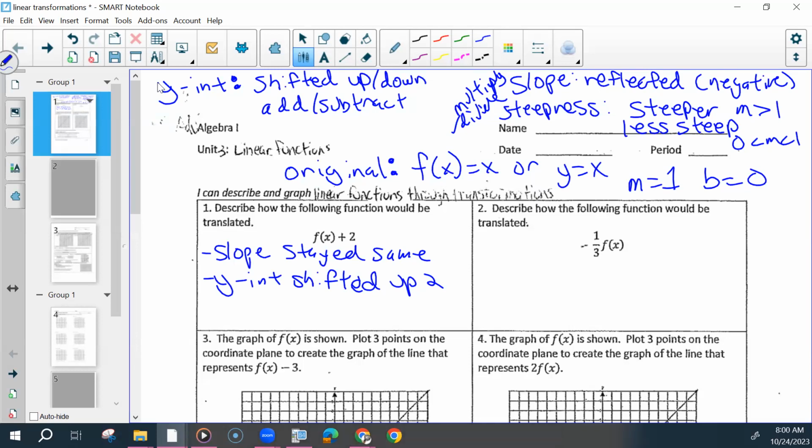And number 2, we have a negative 1/3 being multiplied to f of x. Multiply. That's something about the slope. So the slope is going to change. Am I adding or subtracting anything? No. So that means the y-intercept in this case stayed the same. So I can put that.